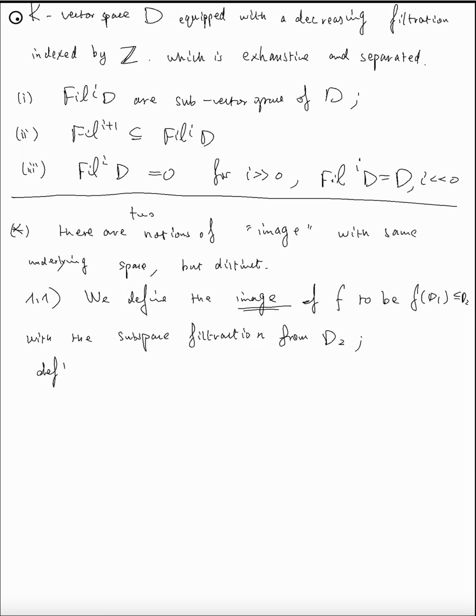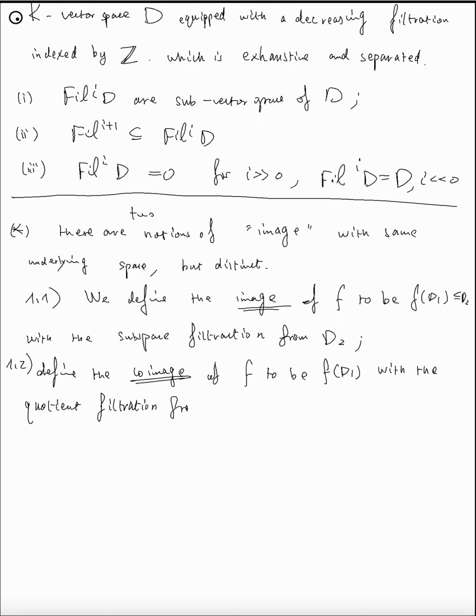And we define the coimage of f to be still f of D1, but with the quotient filtration from D2.